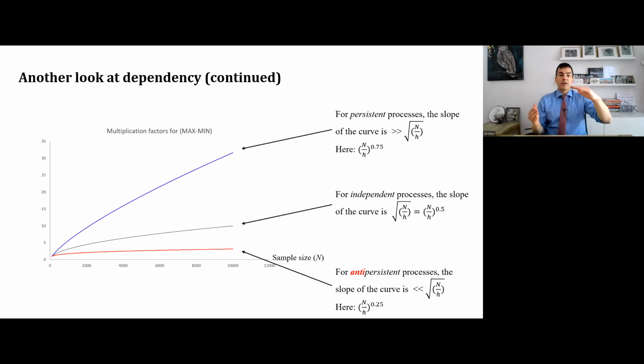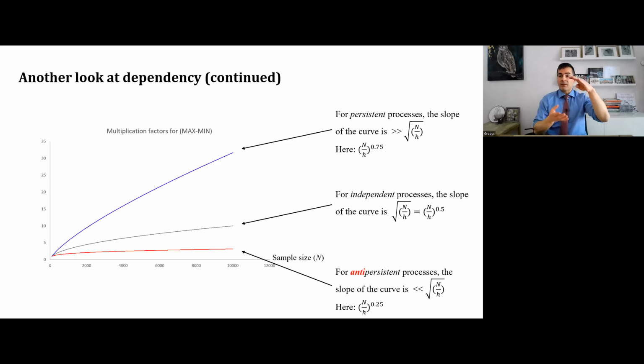If the range in the beginning is, let's say, 20, with 100 observations in the first sample, and we go to 6,400 observations, we know that if the process is independent, the maximum range should be less or equal to 160.